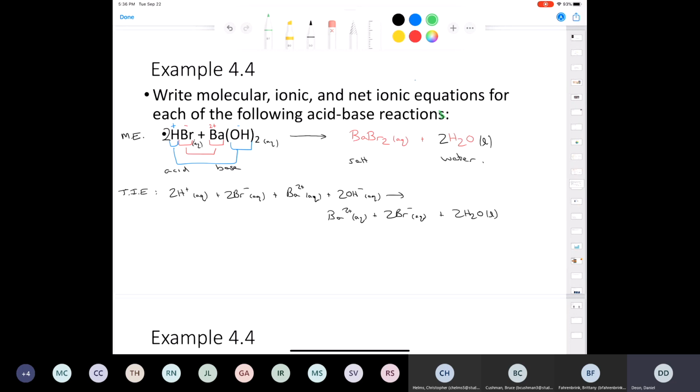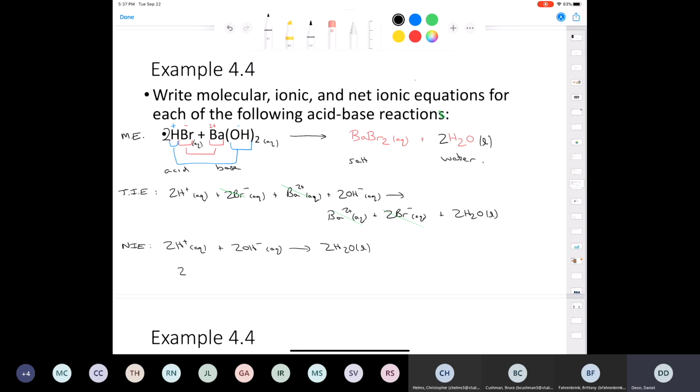Okay, so now we're going to cancel everything that's the same on both sides. So the 2 bromides cancel and the 2 bariums cancel. And now for our net ionic equation, we're left over with 2H plus aqueous plus 2 hydroxides aqueous gives us 2 water molecules.